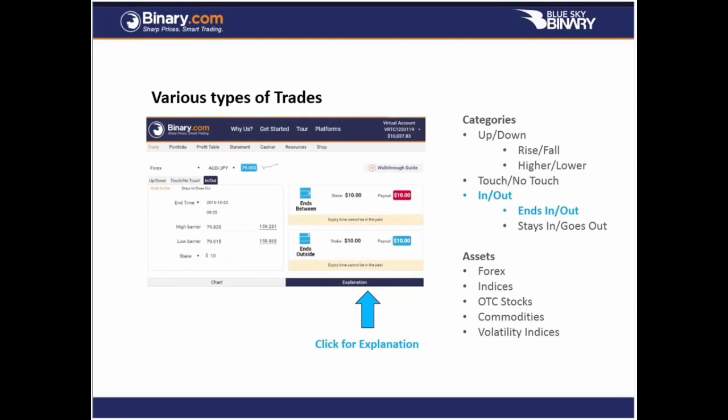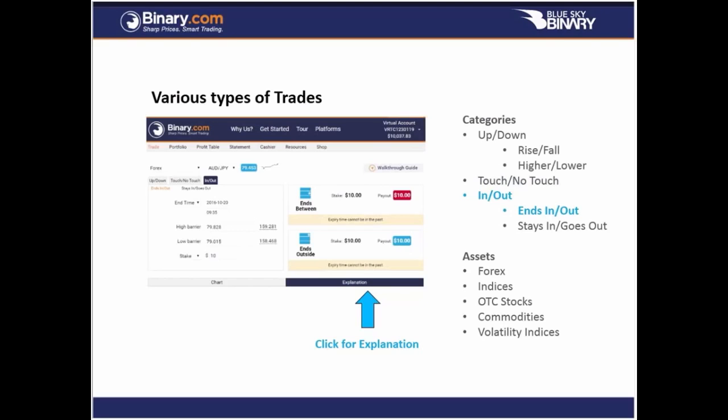Then we have the in-out options. So here we have two prices. We have low target and high target. If we select ends between, we win the payout if the exit spot is strictly higher than the low barrier and strictly lower than the high barrier at the same time.